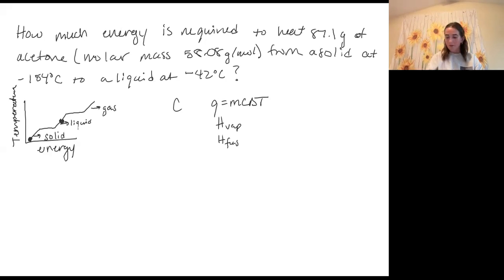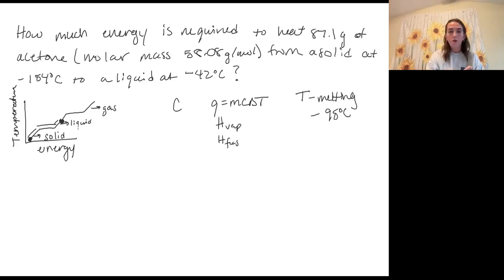I am so sorry, I'm sniffling so much. So then we have to go through the solid, go through the phase change, and then through the liquid a little bit as well. We are also given that our T melting is minus 95 degrees Celsius.